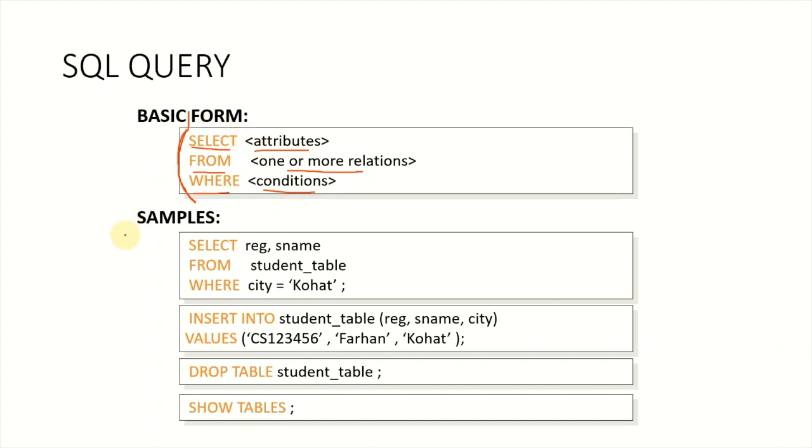We have some examples too. Here I am typing select. This is a keyword. Then we have two attributes, from, table name, and a condition with where. So with the help of this statement we can select some attributes from a table with a condition. We have another example.